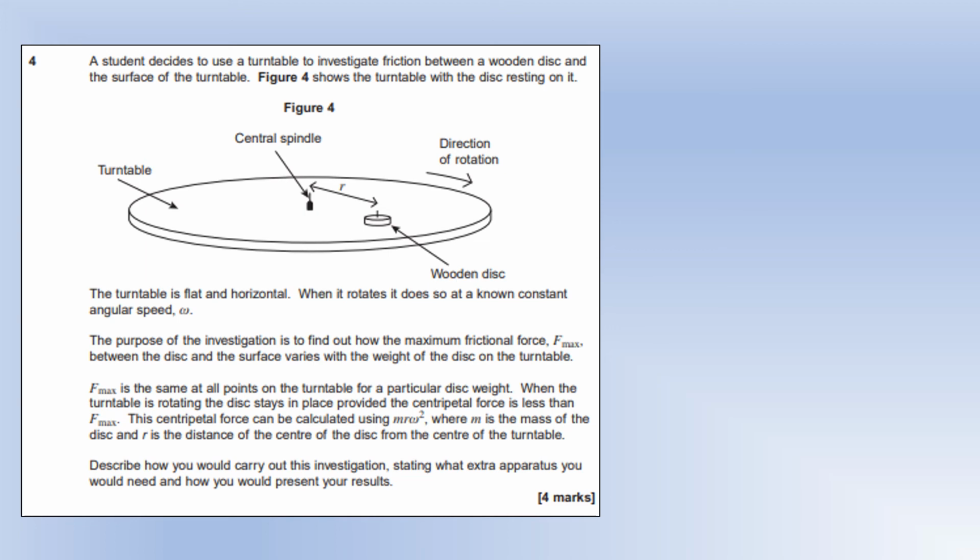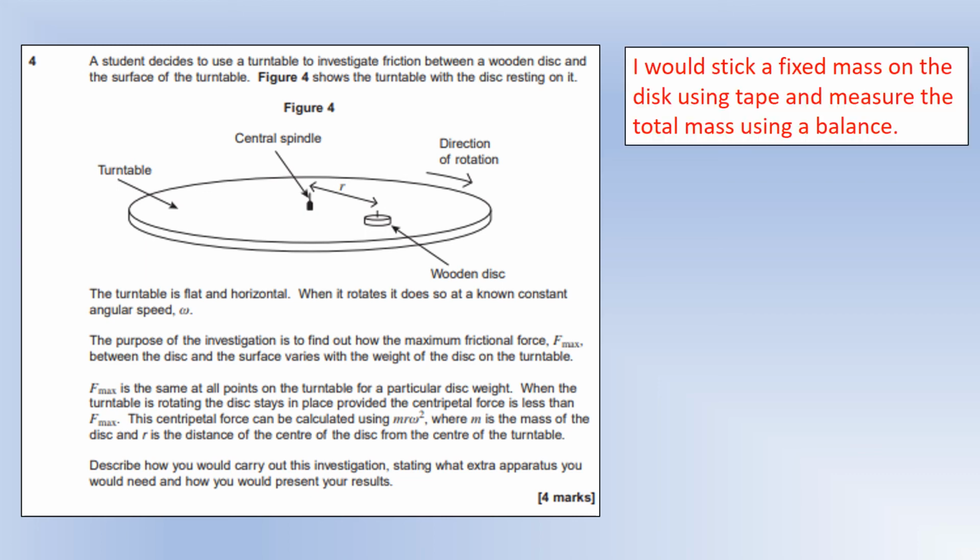The maximum friction is the same at all points on the turntable for a particular disc weight. So what we're going to do is essentially use the centripetal force to figure out what maximum friction is in each case and see how that changes with weight.